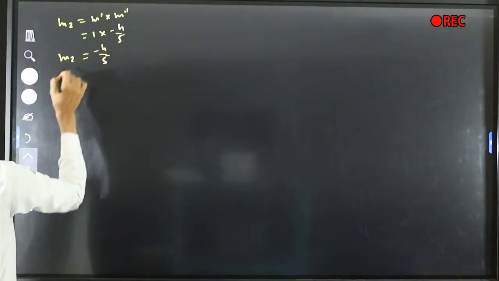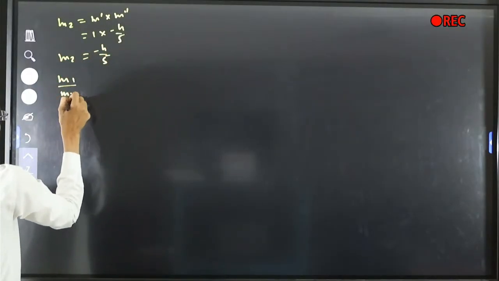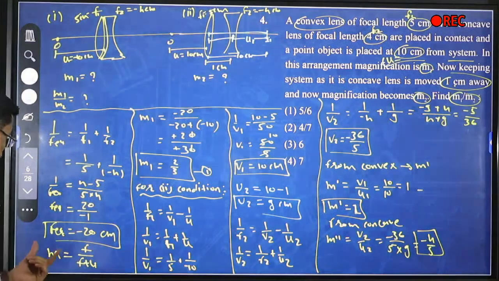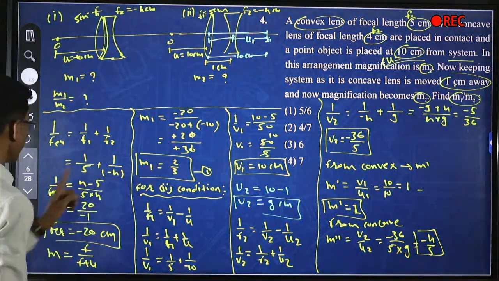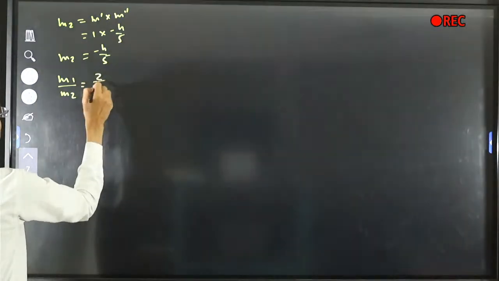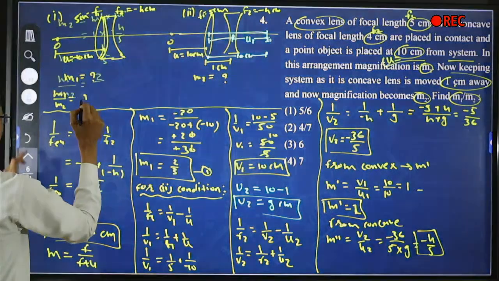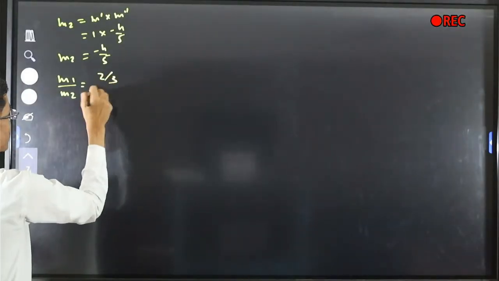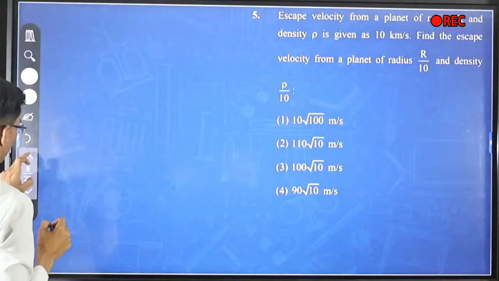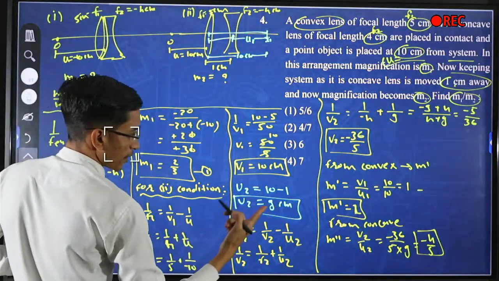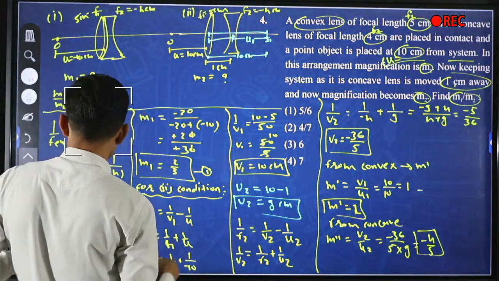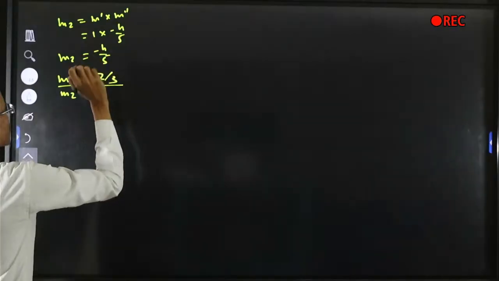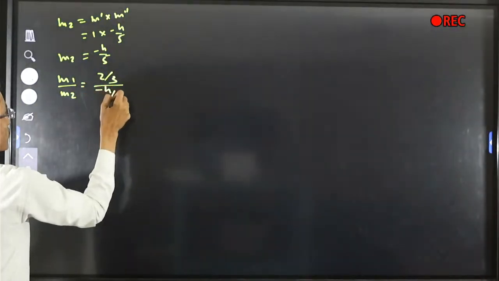This is m2. Now m1 by m2. So m1 is 2 by 3, divided by m2. Here m2 is minus 4 by 5.